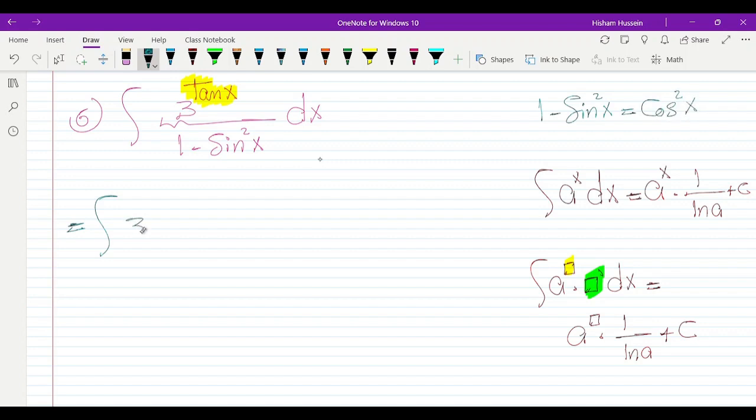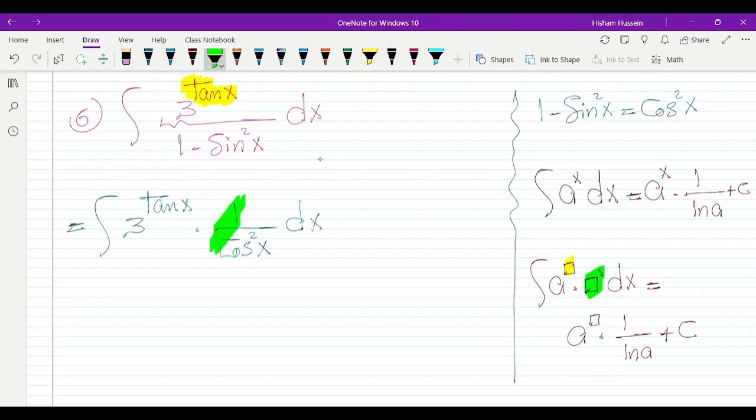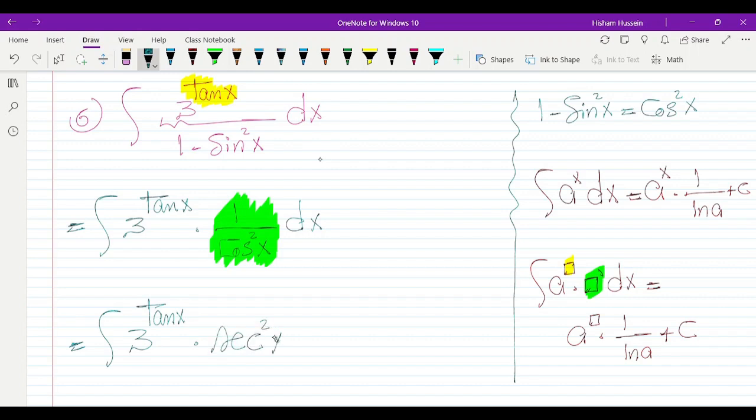So this is 3 with the exponent tan x times 1 over 1 minus sine squared, which is 1 over cosine squared x, dx. Now what about 1 over cosine squared x? 1 over cosine squared x is sec squared x. So this is integration of 3 to the power tan x times, replacing this 1 over cosine squared by sec squared x, dx.